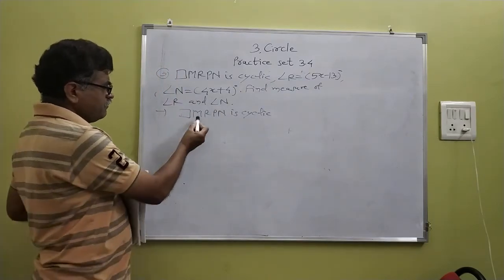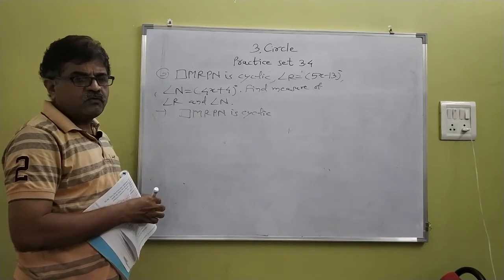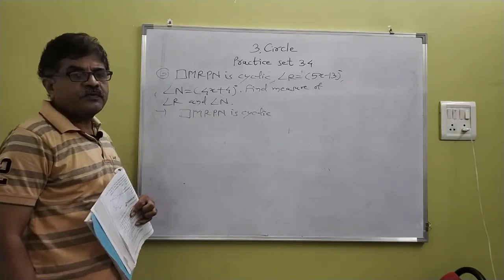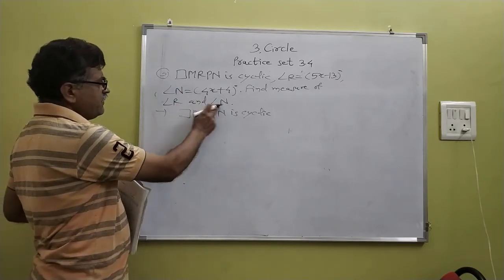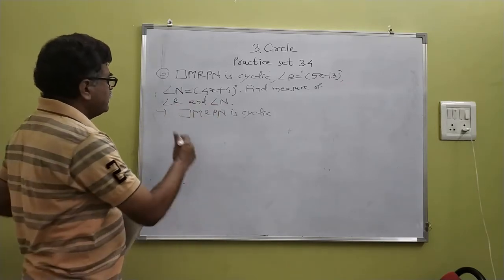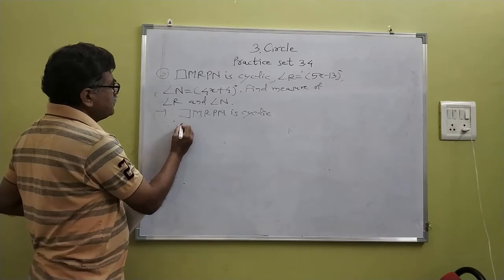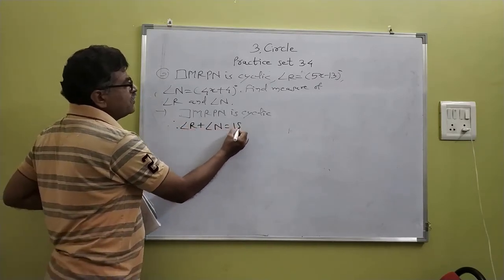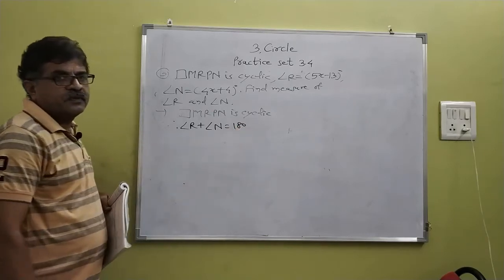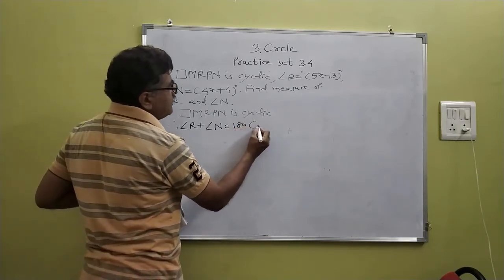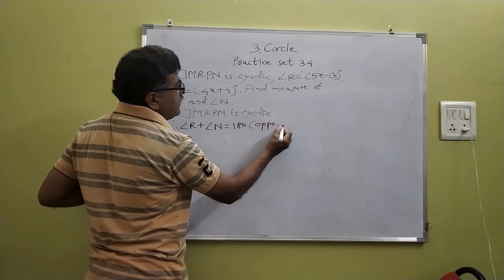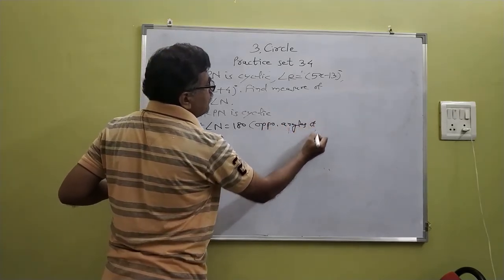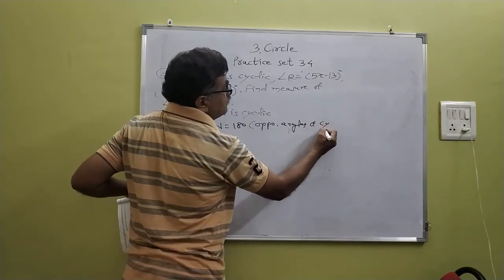Therefore, angle M plus angle P is equal to 180. Also, angle R plus angle N is equal to 180. Write down in brackets: opposite angles of a cyclic quadrilateral.